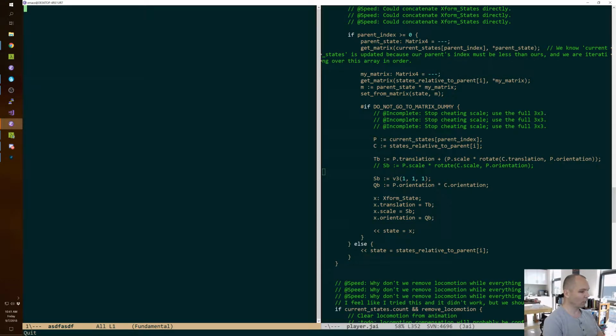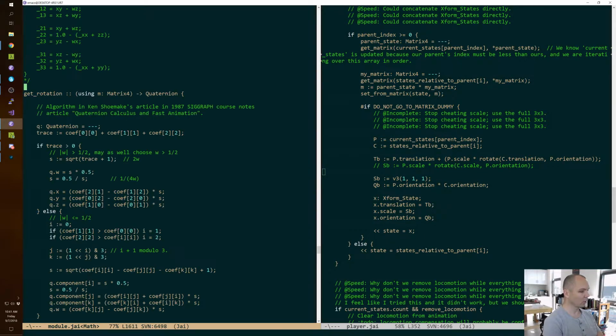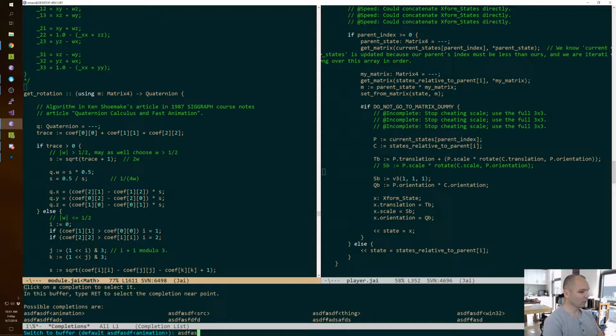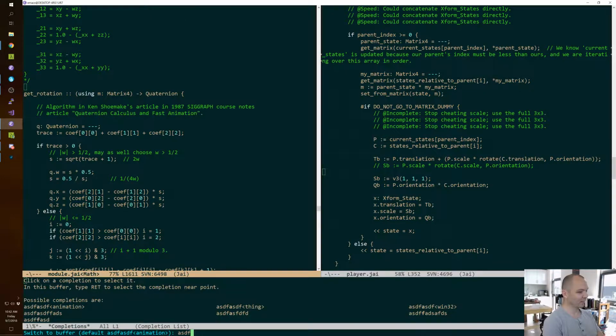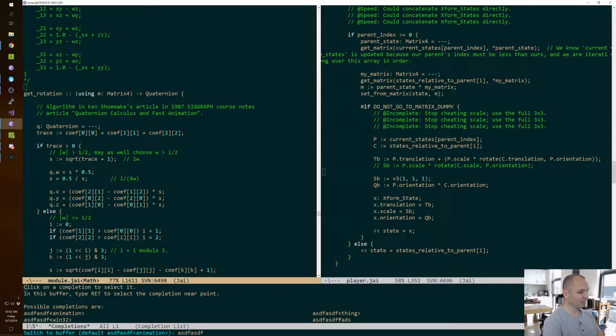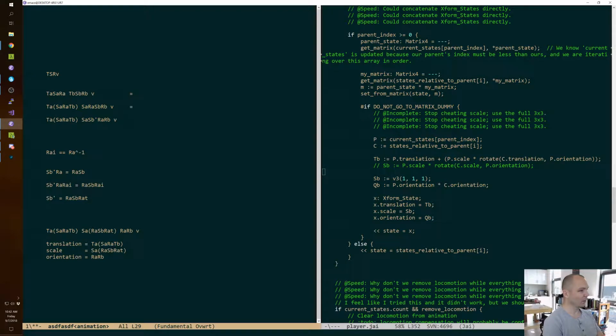Whoops, I thought this was the name of this buffer. Nope, that's not the right one. Okay, all this stuff that we're doing, where I'm saying, hey, you could do this as a 3x3. You could also do this as a 4x4.